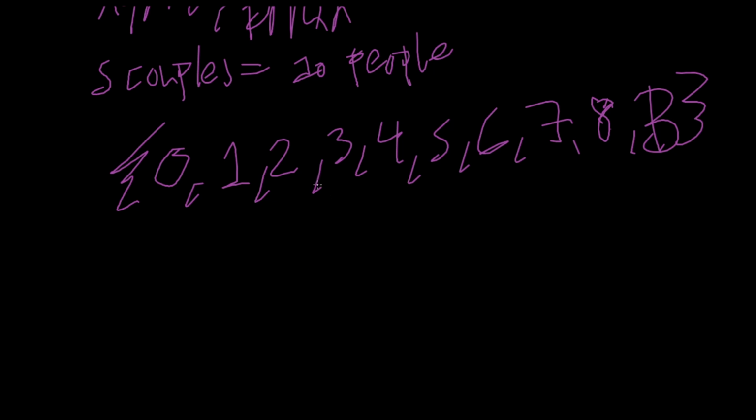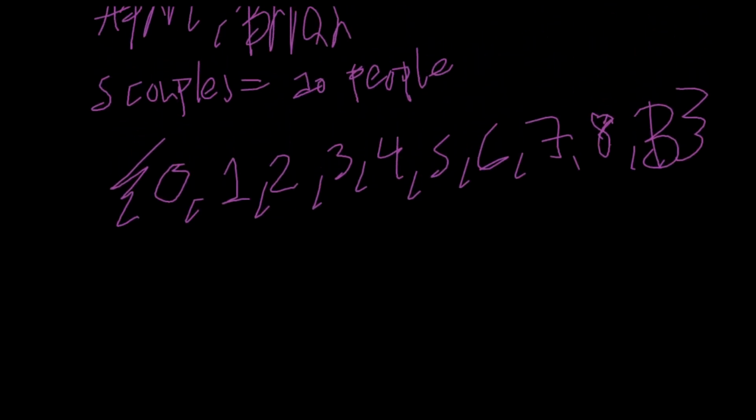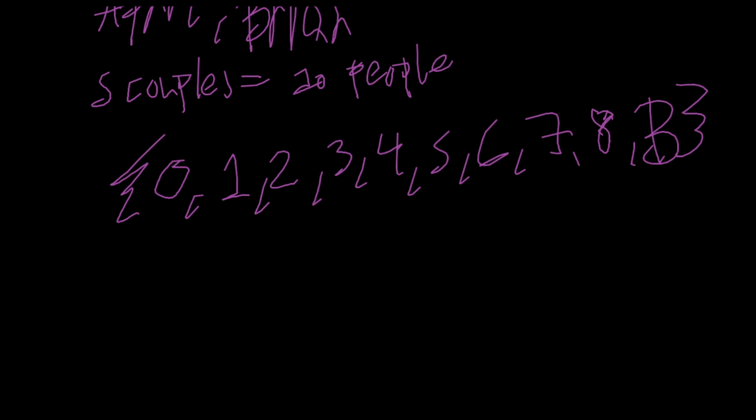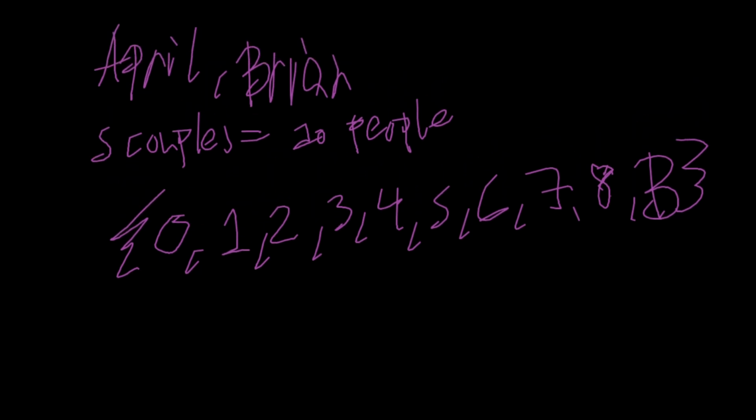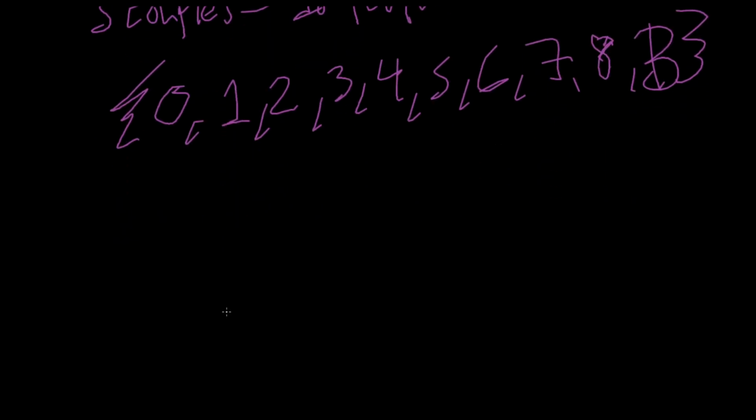So from this, we can see that clearly 8 cannot be married to anyone from 1 to 7 or Brian, since that would violate the rule that no one shakes hands with their own spouse. So therefore, we know that 8 and 0 are married.